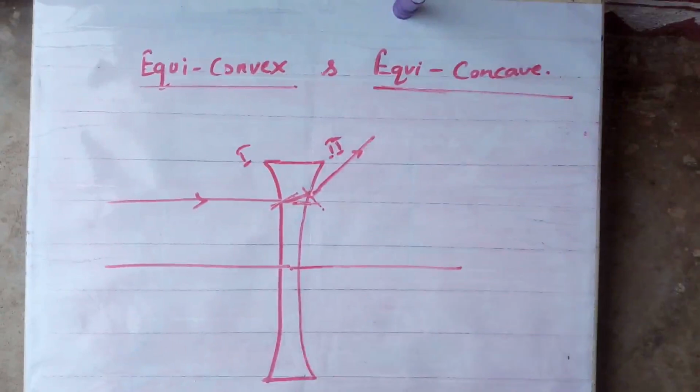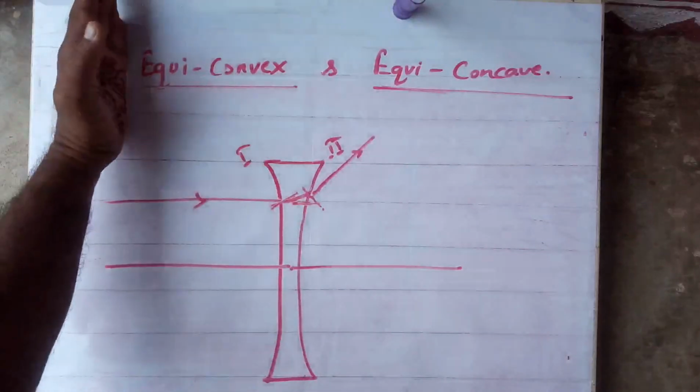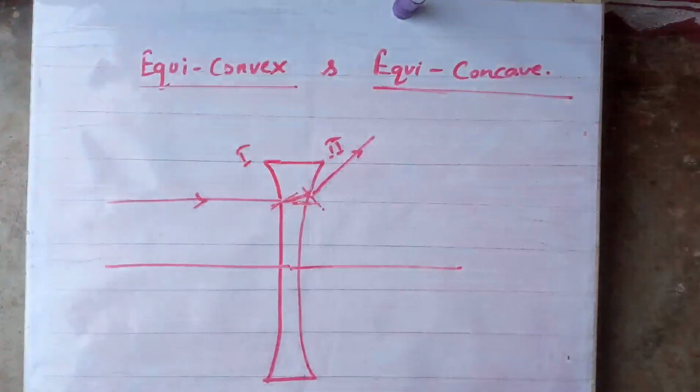Once again, just listen, what do we mean by equiconvex or equiconcave. Equiconvex means for convex lenses, both the surfaces are converging the ray. That's all. If one is converging and another diverging, in that case it will be neither equiconvex nor equiconcave.